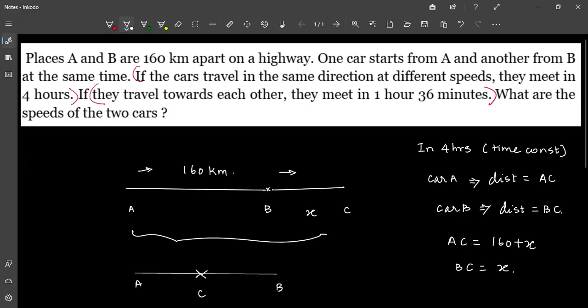We need to compare the two speeds. Let's assume that the speed of the car that started at A is x kilometers per hour, and the car that started from point B, let that speed be y kilometers per hour.